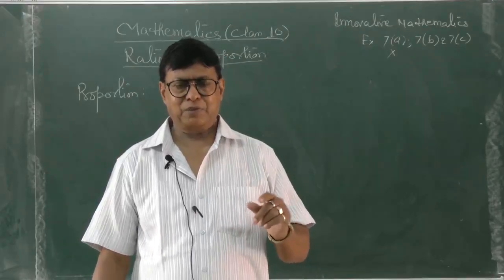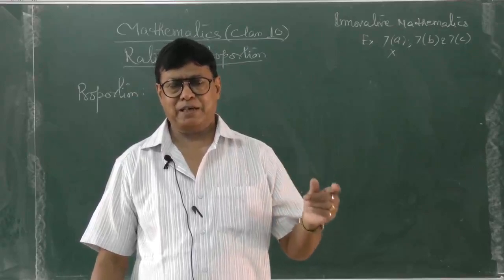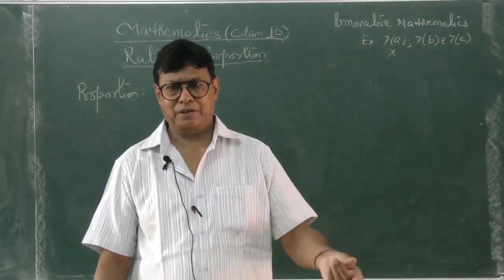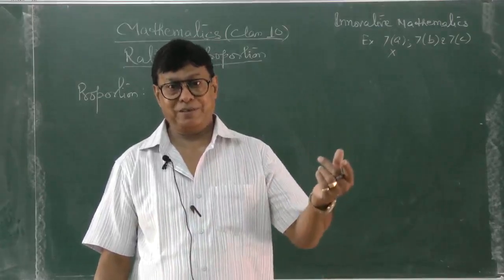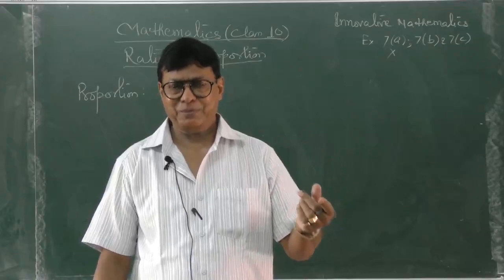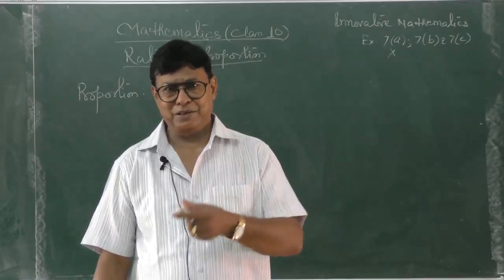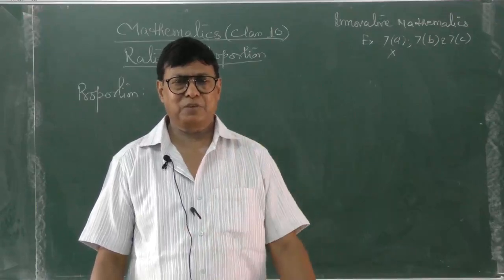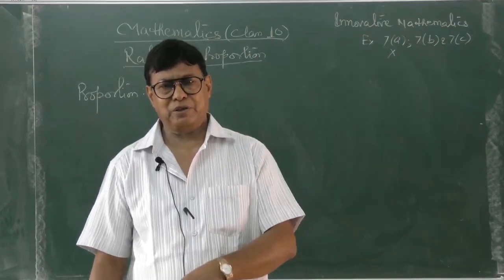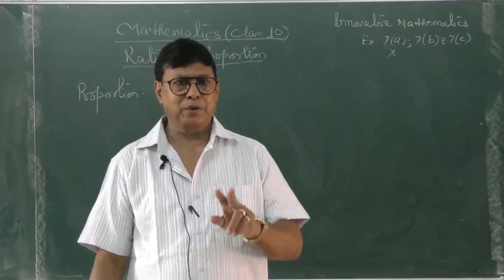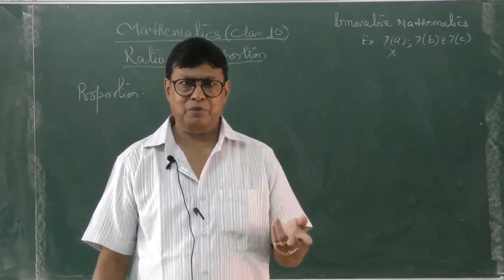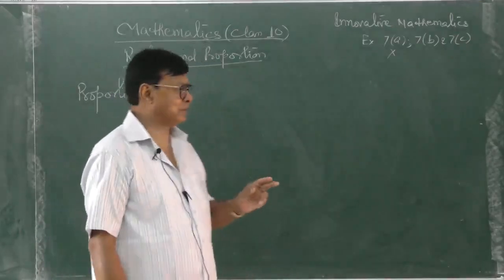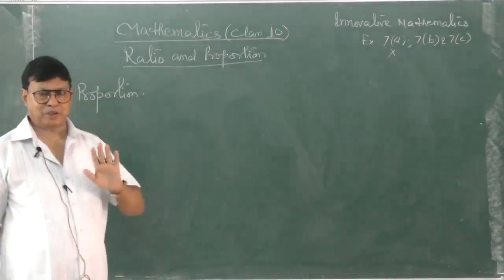The height of a child cannot be compared with the weight of another one, because the unit will be in centimeter and in kg, right? Even two distances, if one is in centimeter and the other is in kilometer, they can be compared only when both are converted either into centimeter or into kilometer. So the ratio is a comparison of two quantities having the same unit.